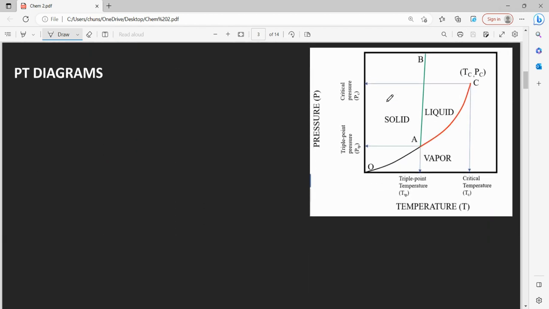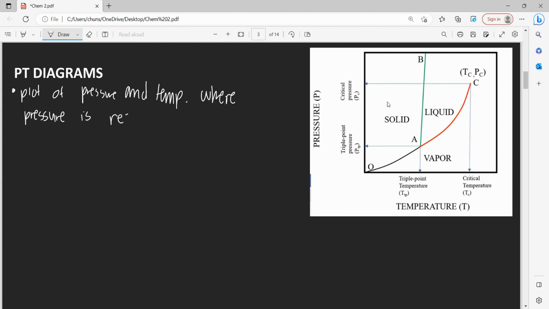Okay, so we are going to talk about pressure and temperature diagrams. Pressure and temperature diagrams are a plot of pressure and temp, where pressure is a function of temperature.